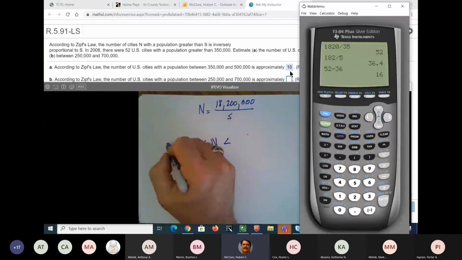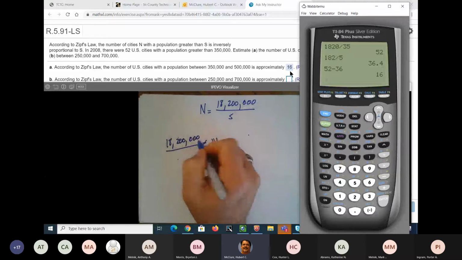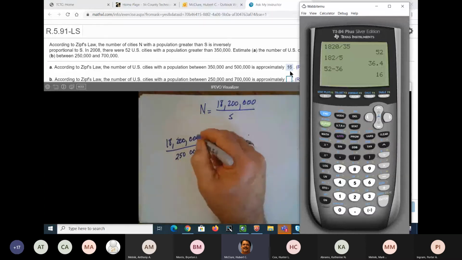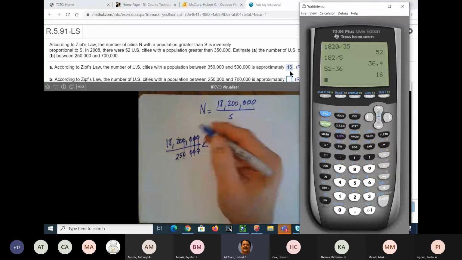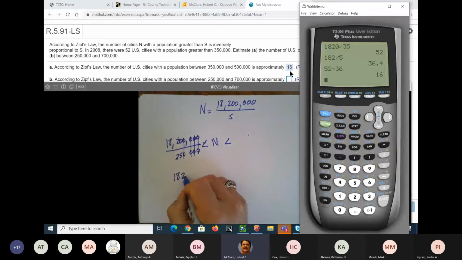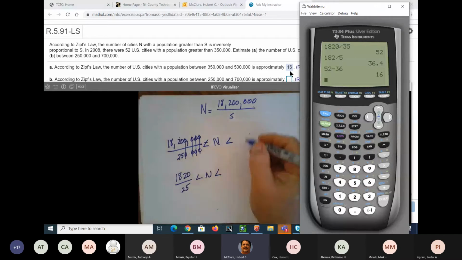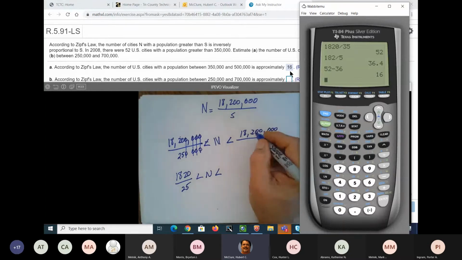So that's going to be 18,200,000 divided by 250,000. So 1, 2, 3, 4. So that's 1820 divided by 25. And over here, we're going to have 18,200,000 divided by 700,000.